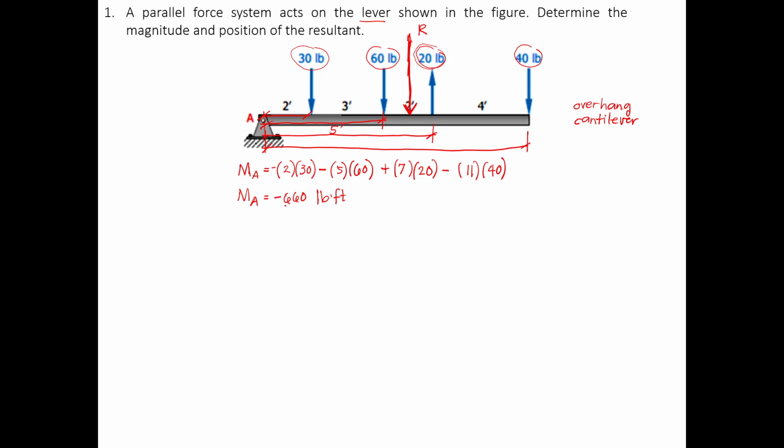Again, this is negative, or if you don't want to place the negative in the answer, you can also have it in this manner, 660 pound-feet, and then put the rotation as clockwise.